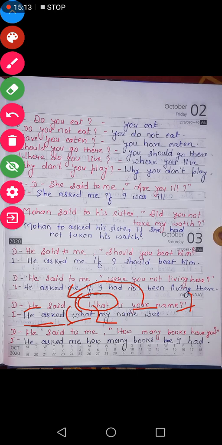What we do? We consider ourselves as object there. So that is why what is my name is changed into what my name was. So he asked me what my name was.